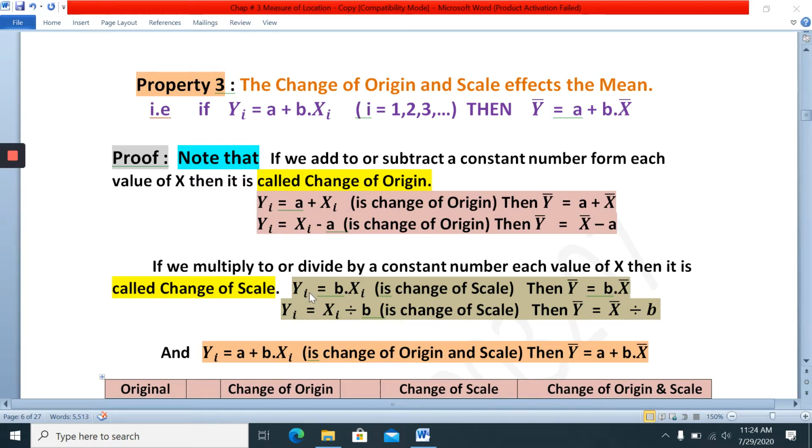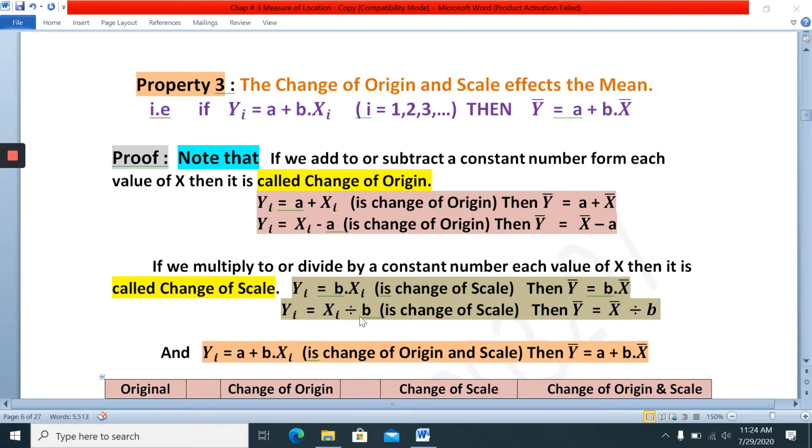For example, if yi is a variable, and you multiply b with x, where b is any number, for example 9 multiplied with x, or 10.5 multiplied with x, then it is called change of scale. Then if you multiply by b, you will also multiply x bar by b, and you will get y bar.